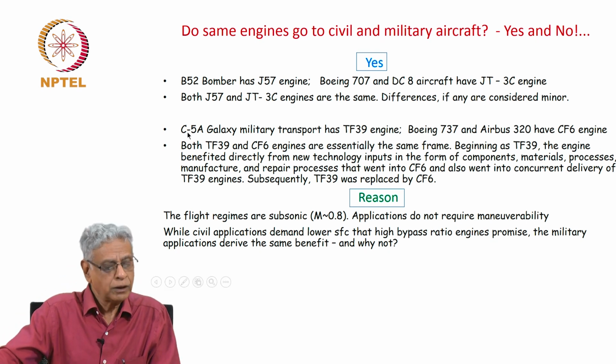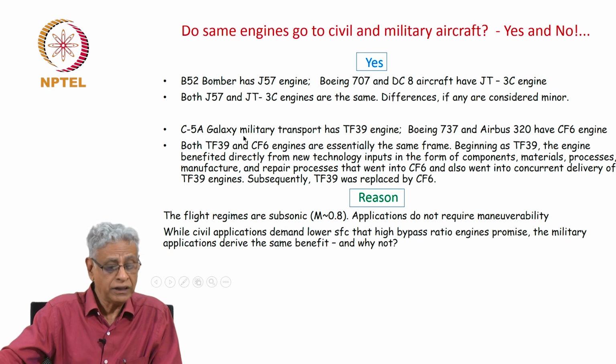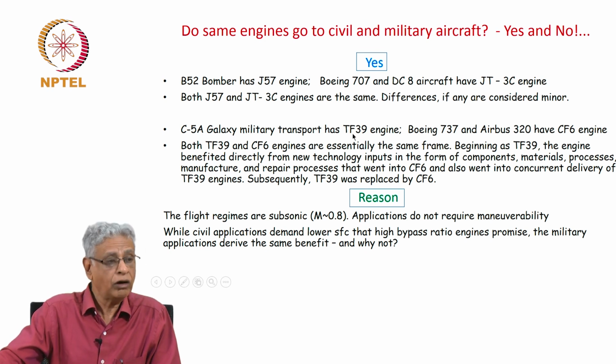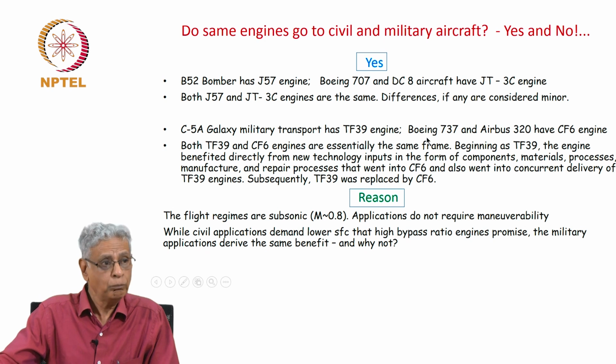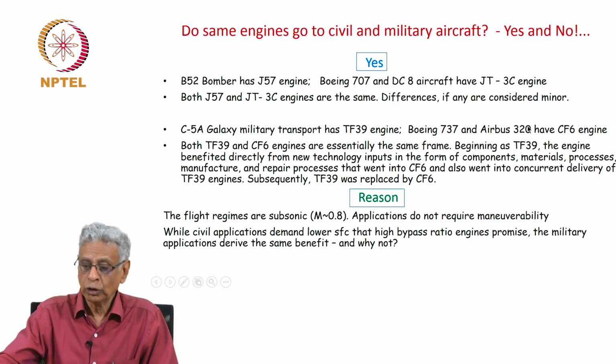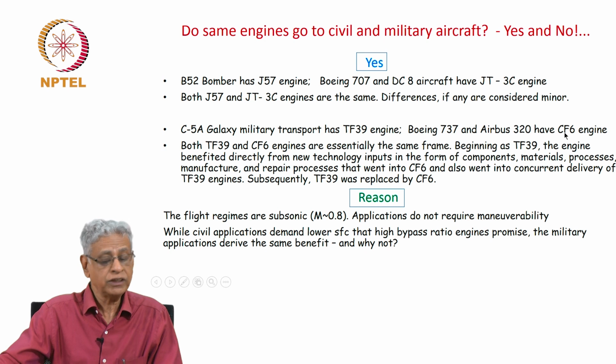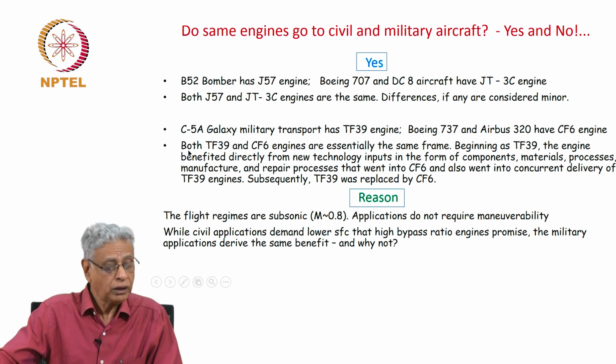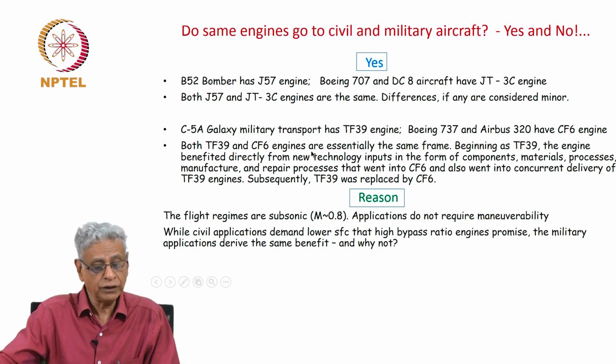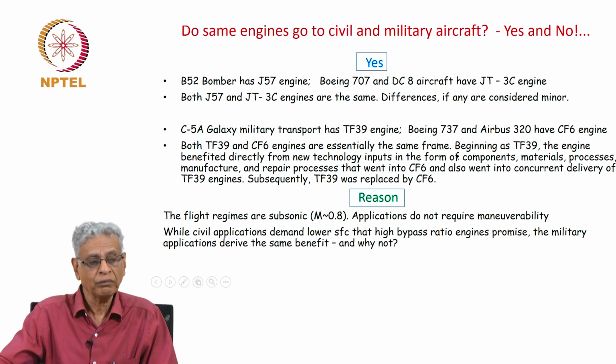Next, you have something called C-5A, a military transport, which has an engine called TF-39. Boeing 737 and Airbus 320 also have the CF6 engine. Both TF-39 and CF6 engines are essentially the same frame.